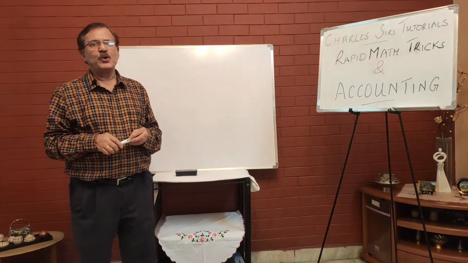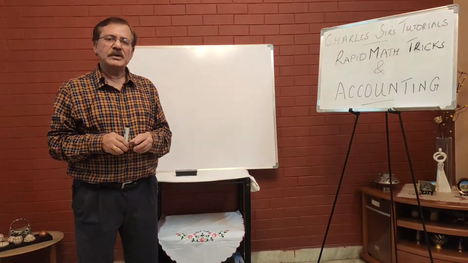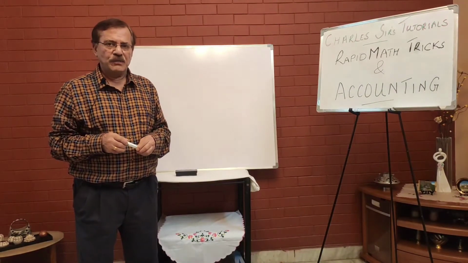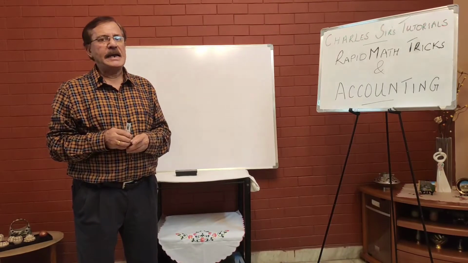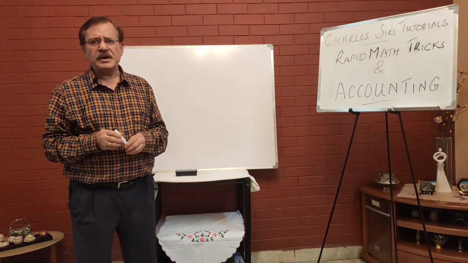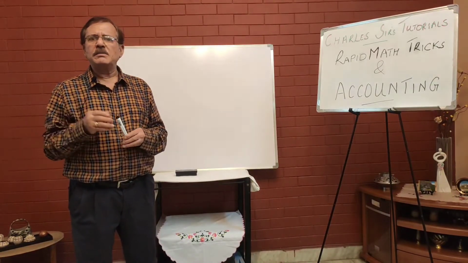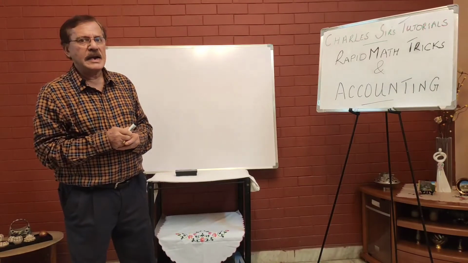The second trick which we are going to do together relates to the multiplication of a 2-digit number by 99. Any 2-digit number it can be. It can be 12, it can be 14, 25, 65 or any 2-digit number multiplied by 99.